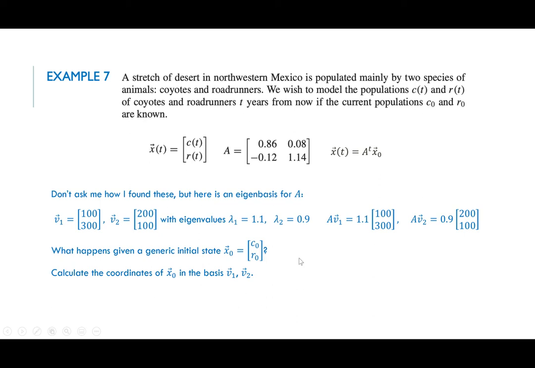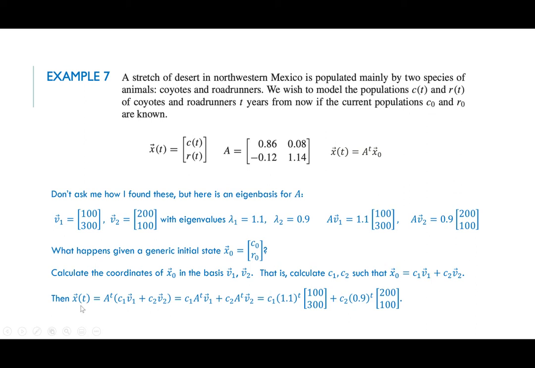Our first job is to calculate the coordinates of our initial vector in the basis of eigenvectors, so in the eigenbasis. So we're trying to find some C1, C2 such that our initial state x0 is C1 times the first eigenvector plus C2 times the second eigenvector. And we've seen ways to do that at this point.